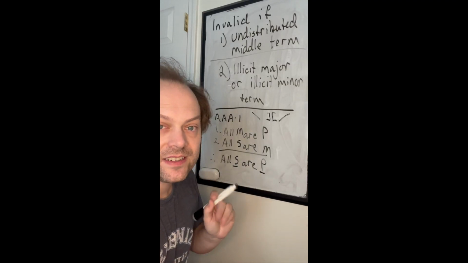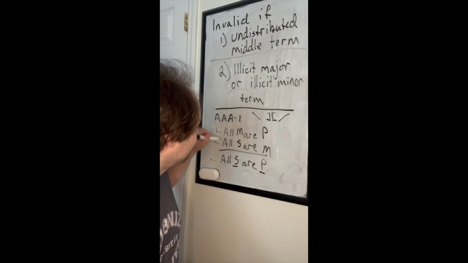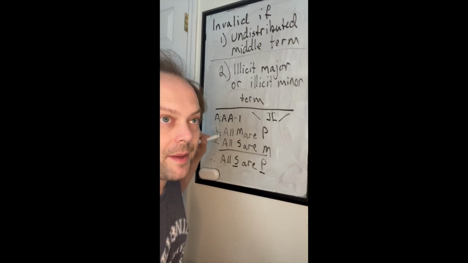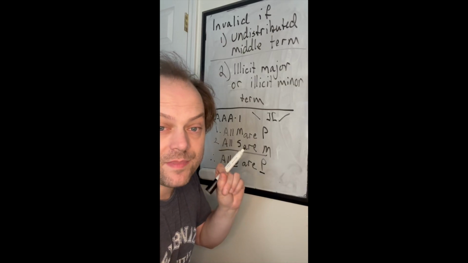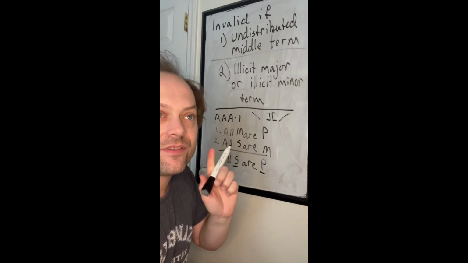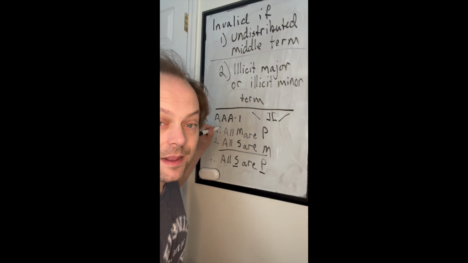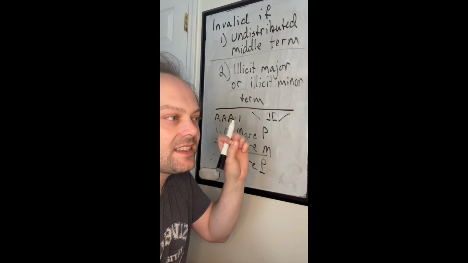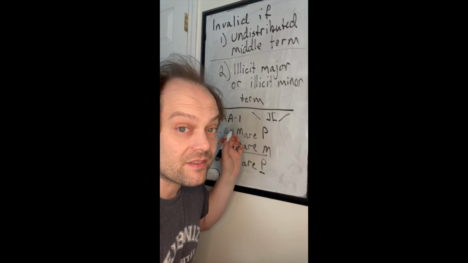Now, the question about distribution is: does this statement say anything about all members of one of these categories? S, M, and P are categories, and when we ask if a term is distributed, we're asking if the proposition says something about all the members of that category, if what it says about that category is distributed to all the members of the category.